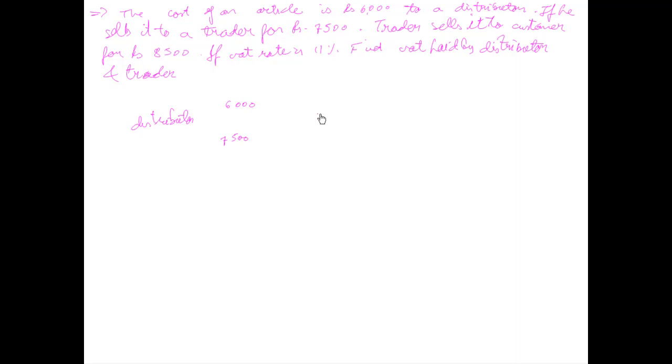So the VAT payable by him would be X% of output price minus input price. Output price, children, is 7,500, input price is 6,000.